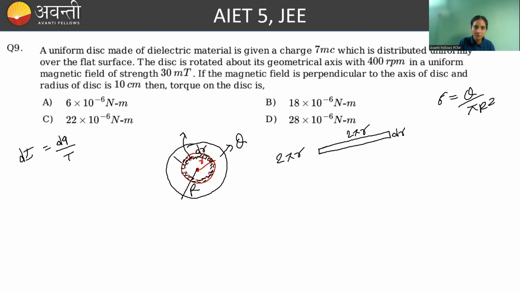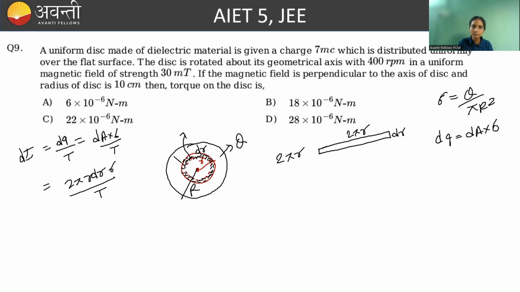Now in a small area dA, how much charge will be there? dA into sigma. So dq will be equal to dA into sigma, and dI is dq by T. Now dA value will be equal to 2 pi r dr. So put the value here: 2 pi r dr sigma by T.